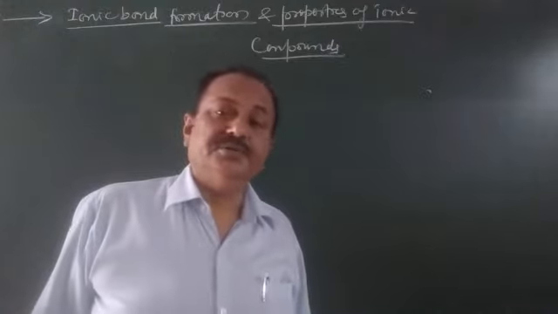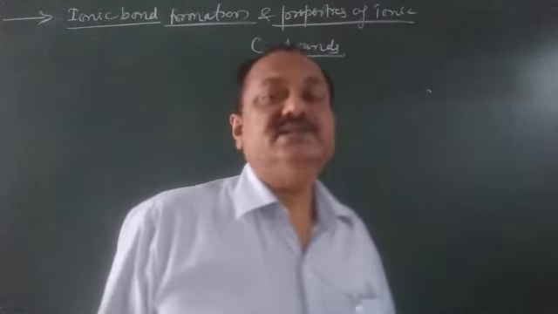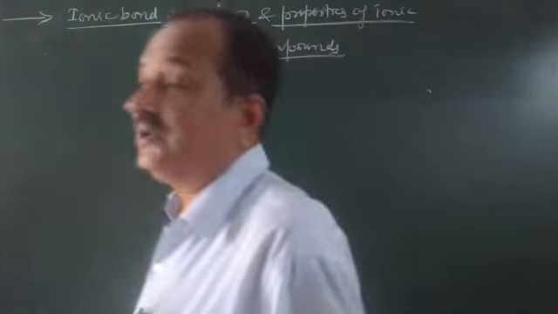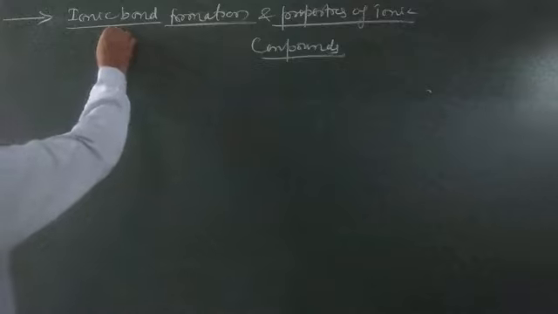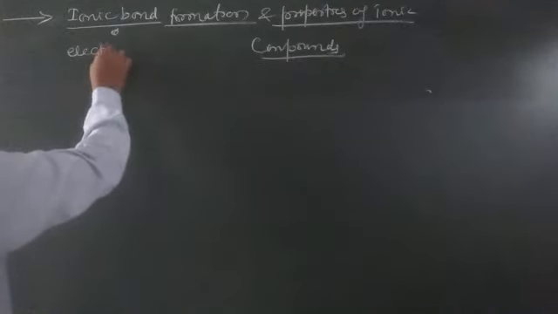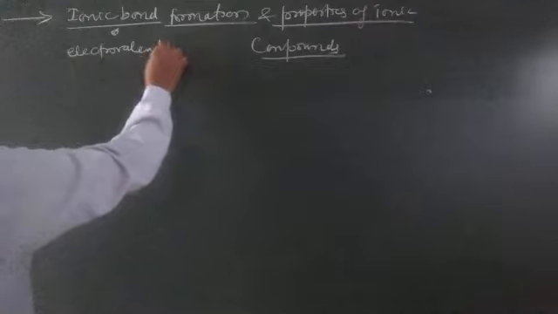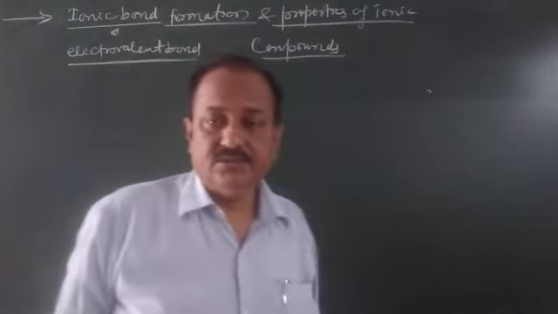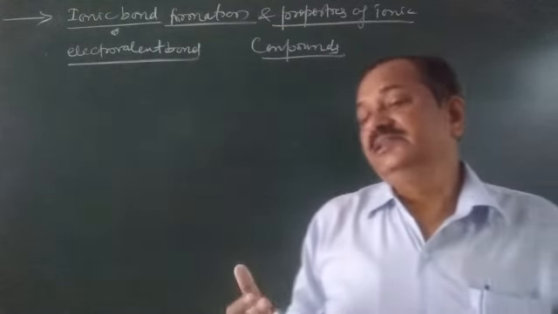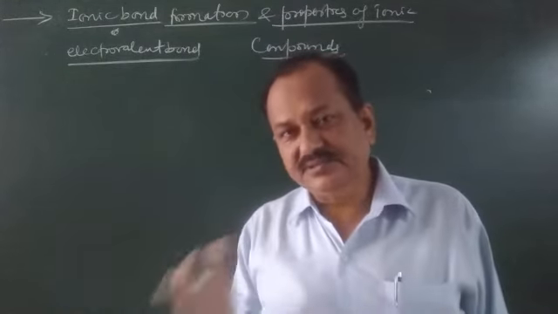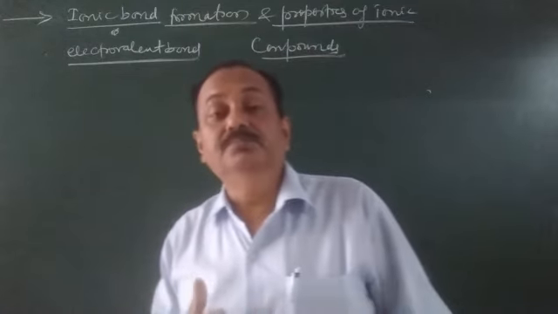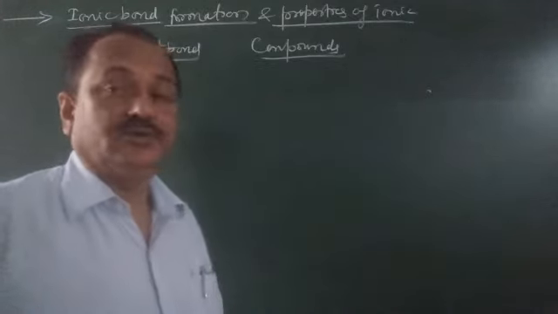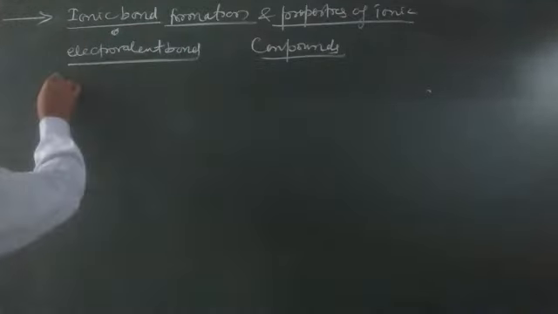Now you will see in this video a very important point: ionic bond or electrovalent bond. Ionic bond is also called electrovalent bond. As the name indicates, ionic or electro, it means there are charges on the concerned species. So a bond which is formed by the transfer of electrons is called an ionic bond.